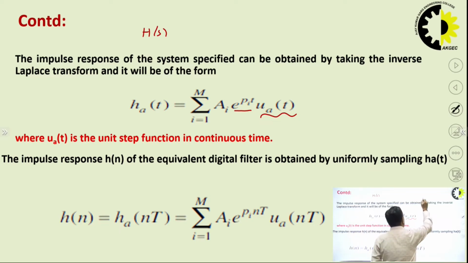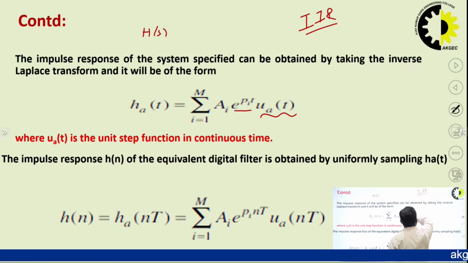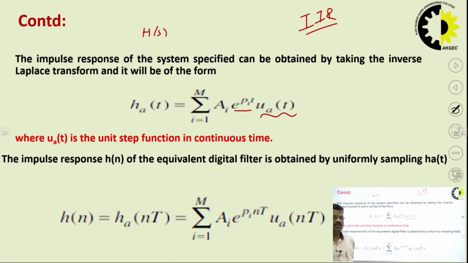Actually this is what we are discussing, IIR digital filter. IIR means infinite impulse response digital filter. It means such type of digital filter whose impulse response lasts for infinite duration.